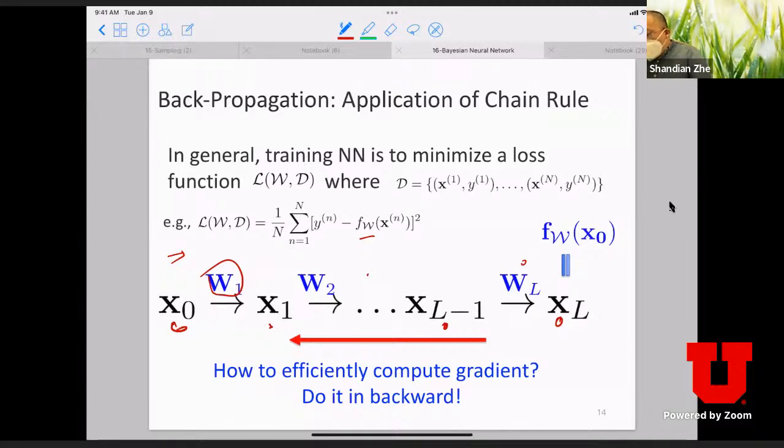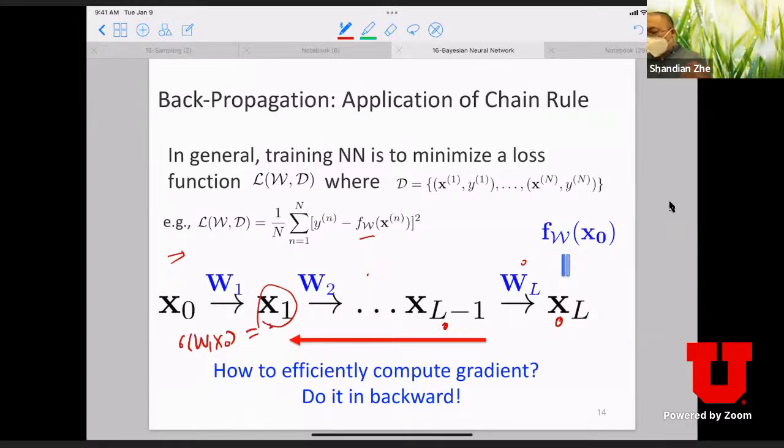To get the output of the next layer, the neurons in the second layer, x1, we first do a linear transformation through the weight matrix. You do the matrix-vector multiplication, W1 x0, and then you apply a nonlinear activation function element-wise. And then you get x1, which is the output of the second layer, right?